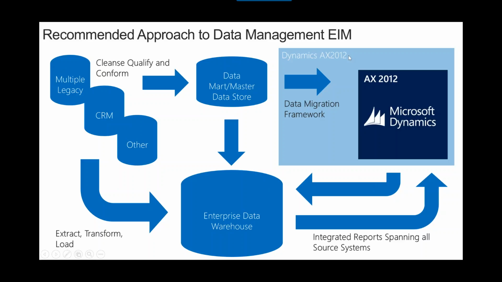And in the future, as we go live on Microsoft Dynamics AX, we will then start feeding our future transactions and our future master data into that enterprise data warehouse. So one of the great artifacts of using this EIM platform for your migration to Dynamics AX is you end up with the beginnings and framework to build an enterprise data warehouse to get that seamless view of your data over your entire corporate history.